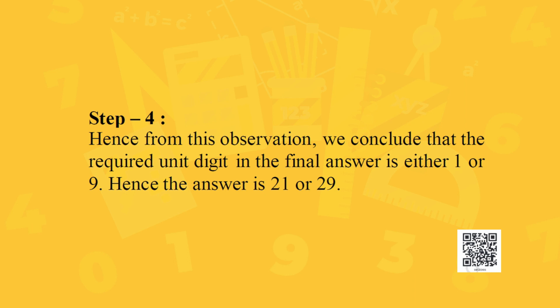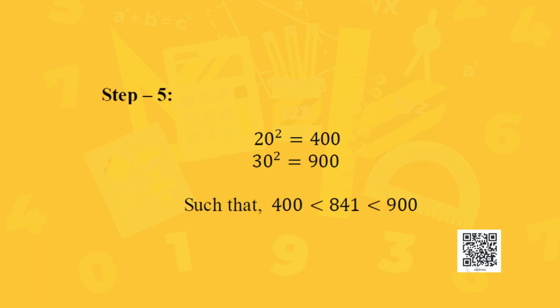So this implies the answer must be 21 or 29. Proceeding to step 5, to choose the right answer between them, let us use the two numbers we identified in the first step. In the first step, we identified the numbers 2 and 3. Now add 0 and make them 2-digit numbers.